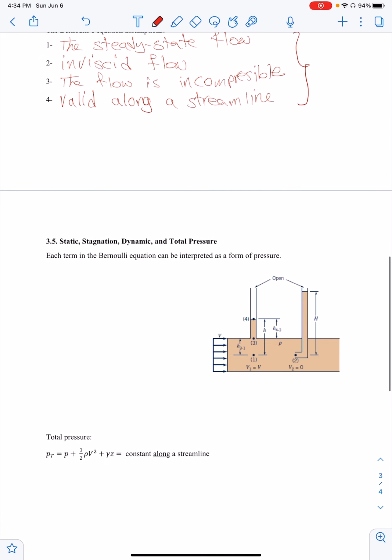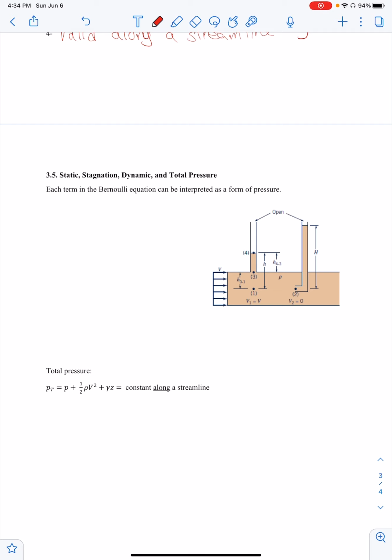So now let's see how we can apply the Bernoulli's equation. Let's say that we're going to apply it between point 1 right here and point 2 right here. If we look at the velocity, it is going this way, so it means that these two points are along a streamline.